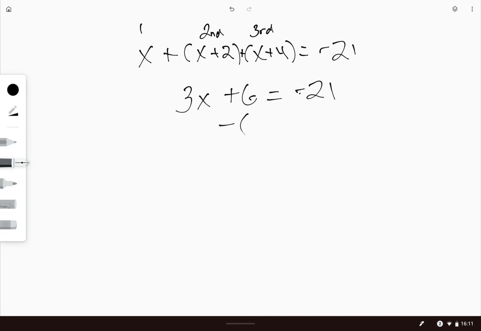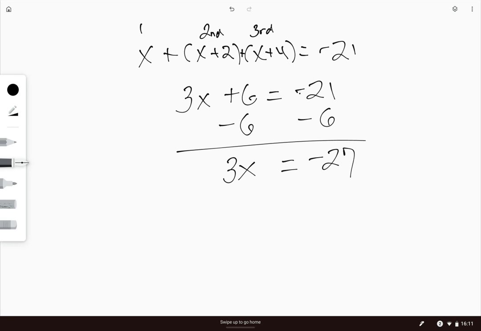Now, when I subtract 6 from both sides, and it's very important to understand your integer rules here or else you're going to get the wrong answer, 3x equals negative 21 minus 6, which is a negative 27. Divide both sides by 3. So I get x equals a negative 9.